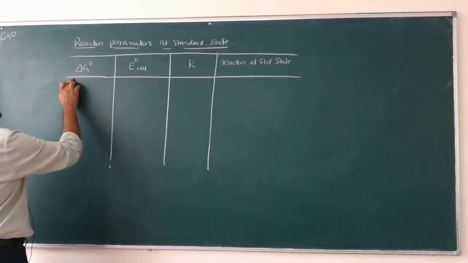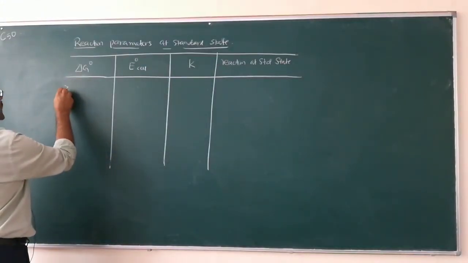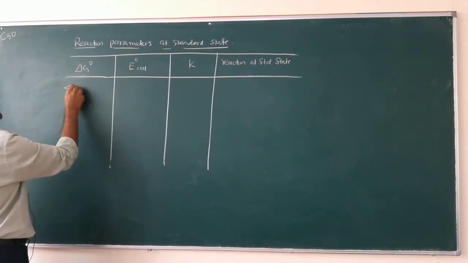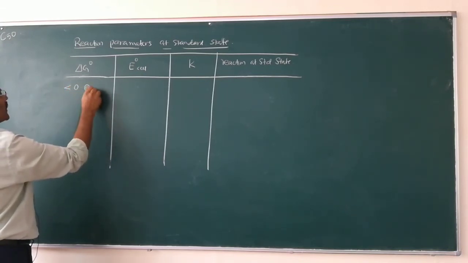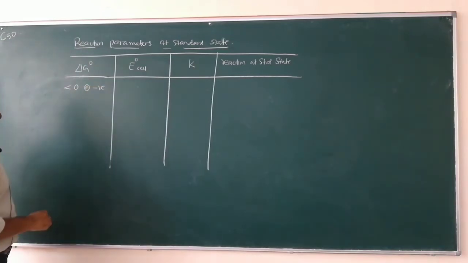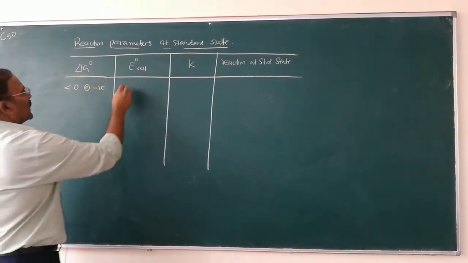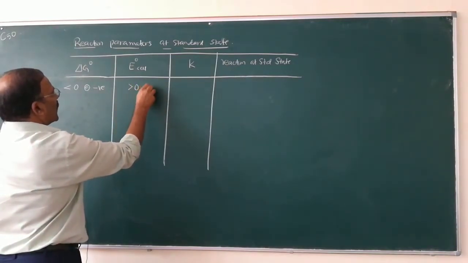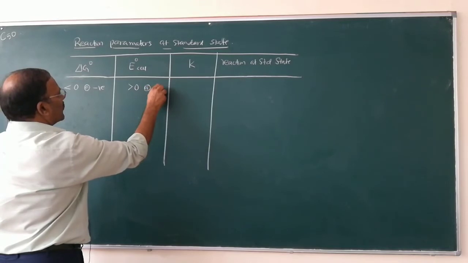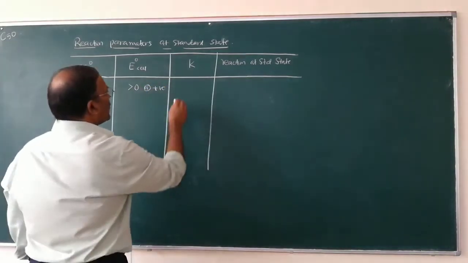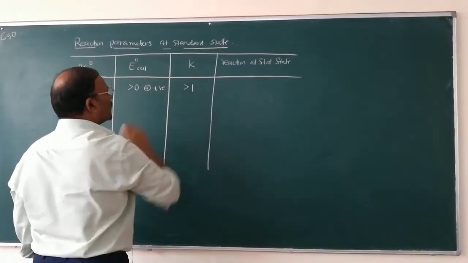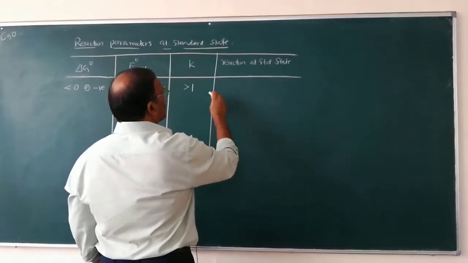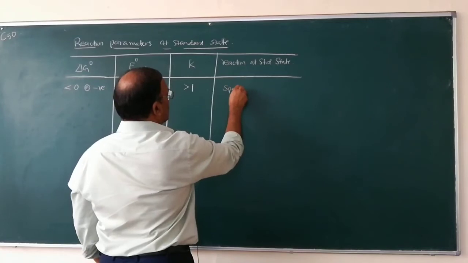So if delta G naught is less than 0 or negative, E naught is greater than 0 or positive, and if K is greater than 1, the reaction at standard state is spontaneous.